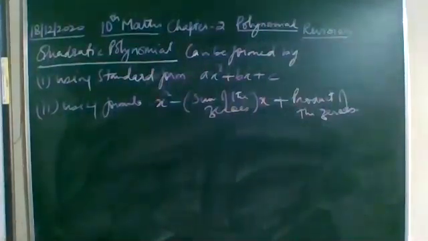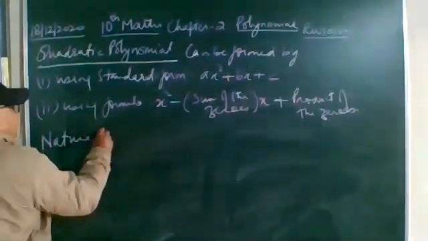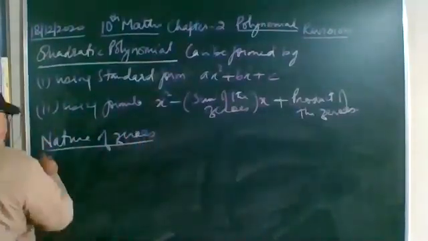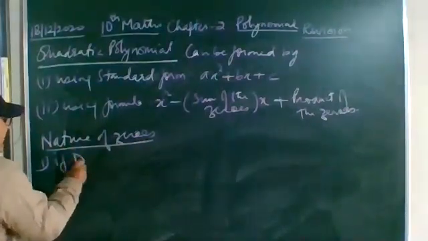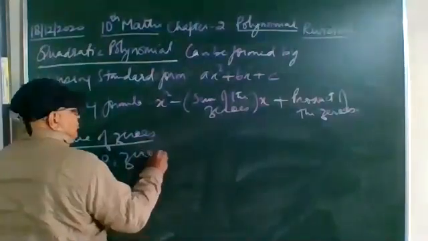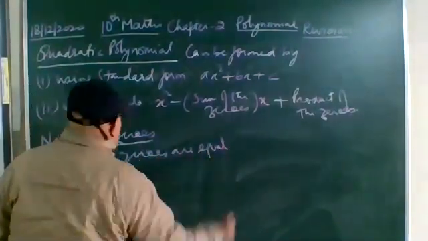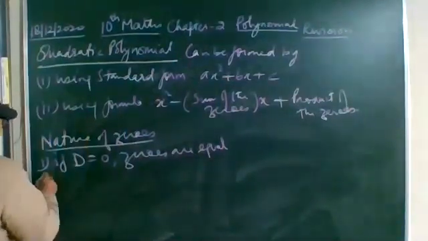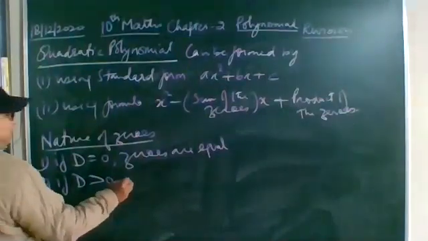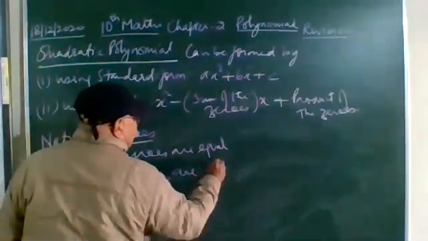Now, the nature of the zeros. First, if D is equal to 0, zeros are equal. Second, if D is greater than 0, zeros are different.